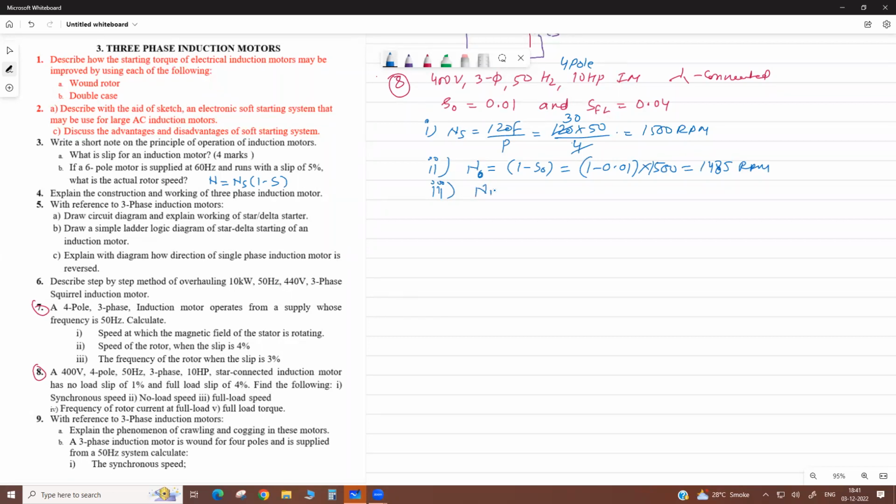Next, the third part is full load speed. So at full load, what is the motor speed? Here the synchronous speed of the motor is the same. Now we take the full load slip. So it is 1440.